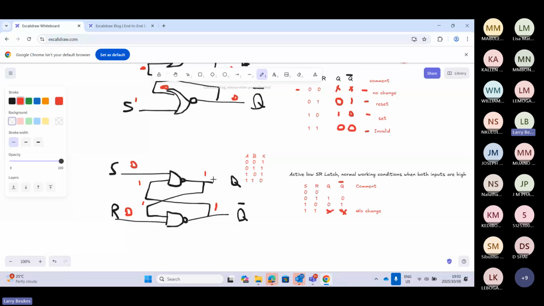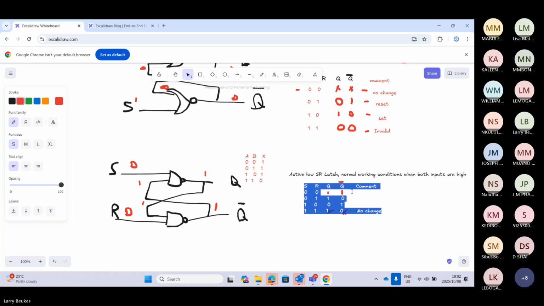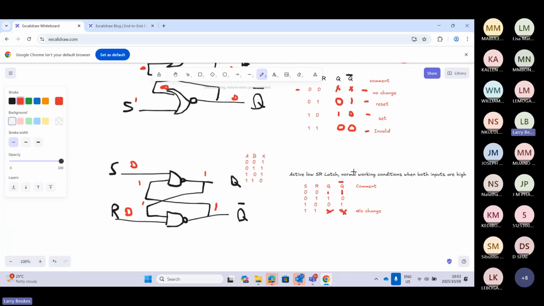So now you see that both inputs are high, right? So you have 1 and then you have 1. Then this makes you reach an invalid state again. So this will be invalid, guys.